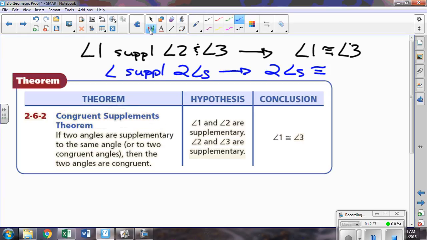This particular one works like this. Let's say angle 1 is supplementary, and I'm going to say angle 2 is an 80-degree angle, just so that I think by using numbers it'll be easier to understand. So that's our angle 2. Angle 1 is also supplementary to angle 3.